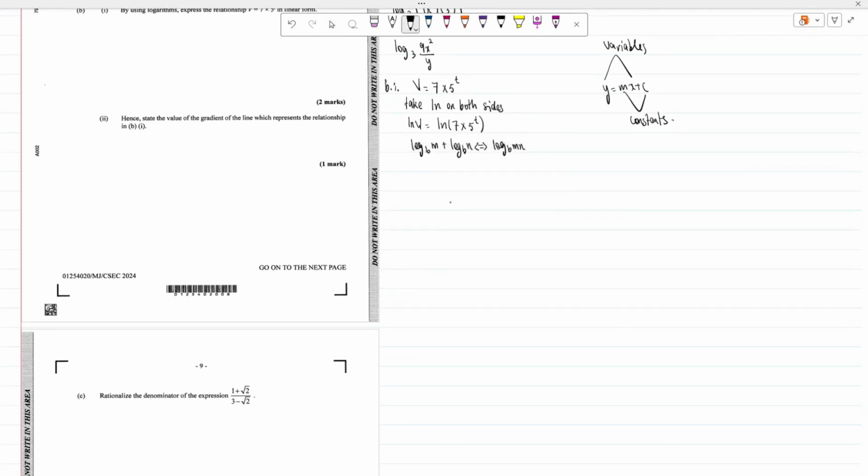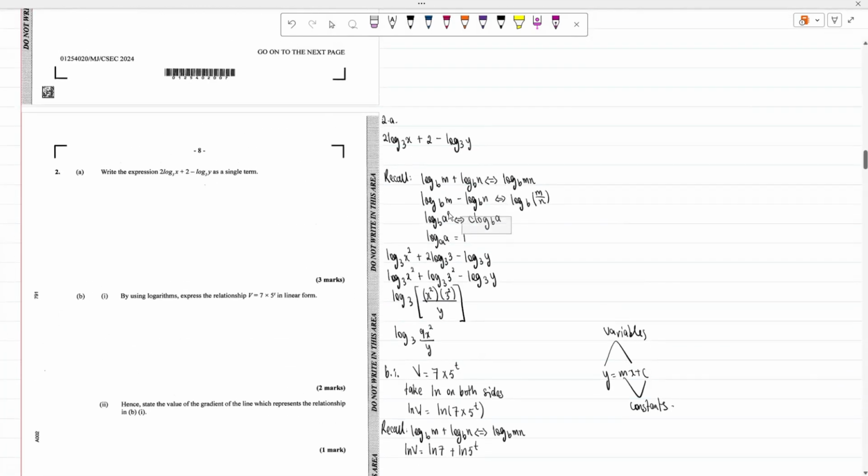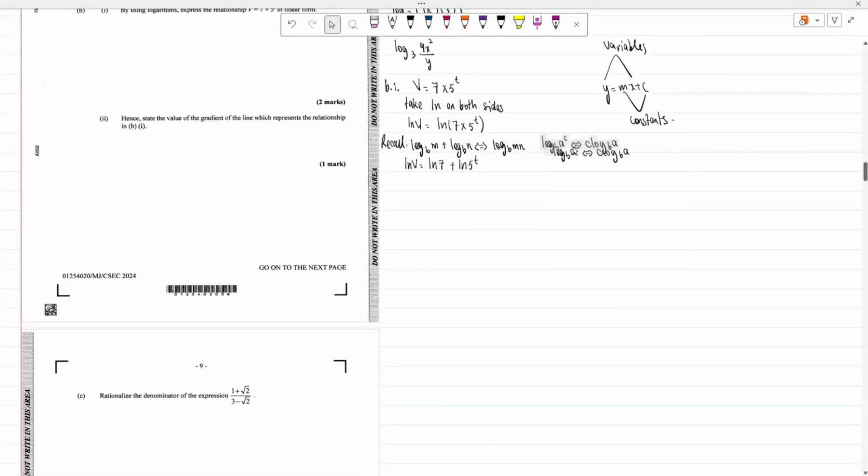So I'm going to get ln v is ln 7 plus ln 5 to the power t. And I'll also recall the law that brings the power down. So now I'll get ln v is ln 7 plus t ln 5.